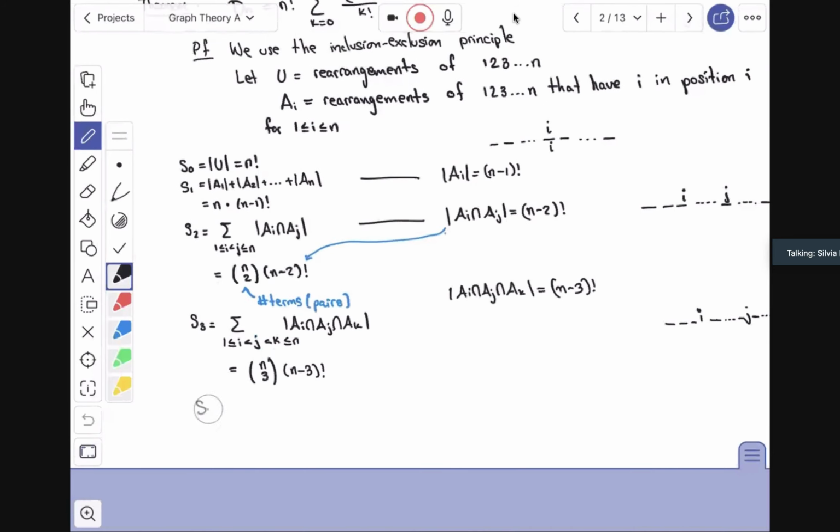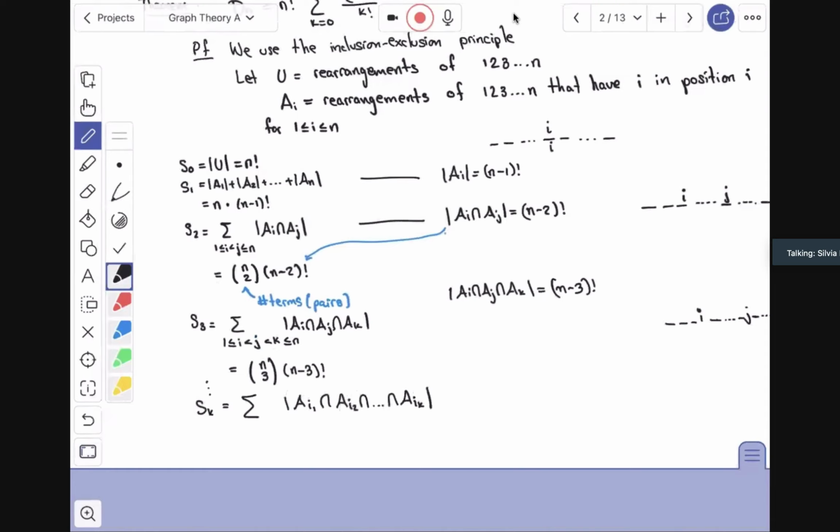If I keep going, I have SK. The notation is going to look ugly, but one way to do this is to say the intersection of A sub I1, A sub I2, up to A sub IK.